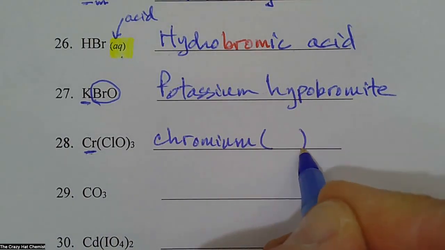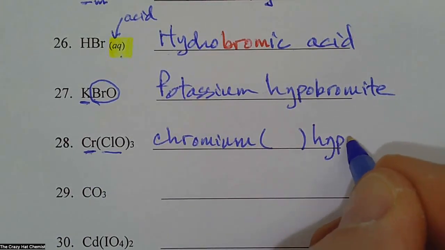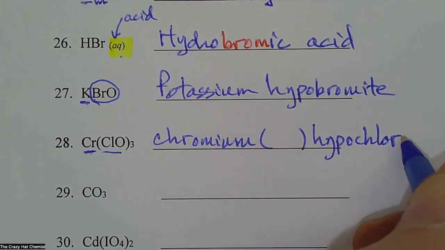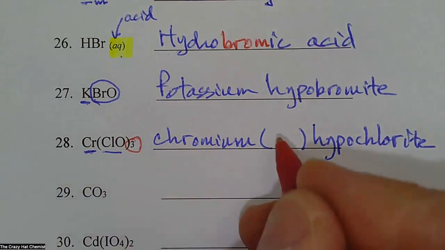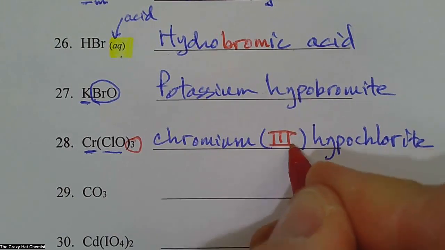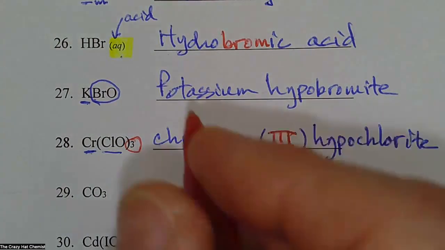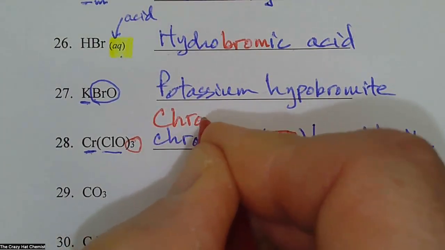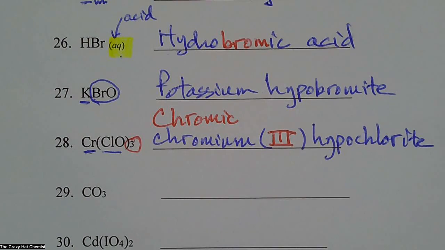And there's going to be a Roman numeral and hypochlorite. And what is the Roman numeral? There it is, right there, Roman numeral 3. So chromium hypochlorite or chromic hypochlorite, either one or the other, doesn't really matter.